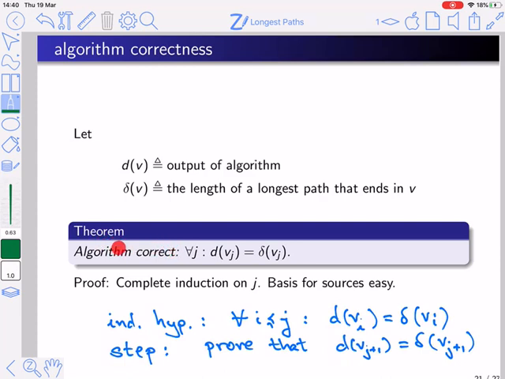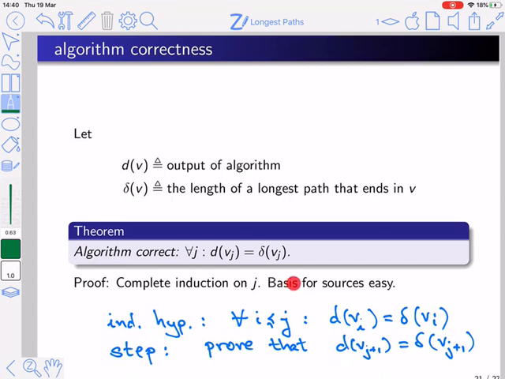So in order to prove that the algorithm longest path is correct, we need to show that for every j, d of vj indeed equals delta of vj. The proof of the theorem proceeds by complete induction on j. It's a rather complicated proof. We will go over the details in a second. Let's start with the induction basis.